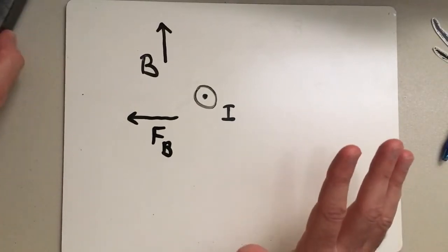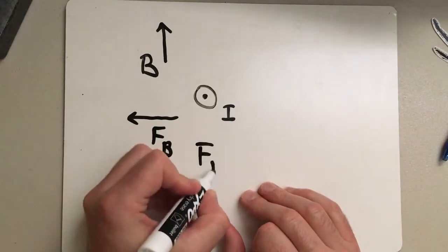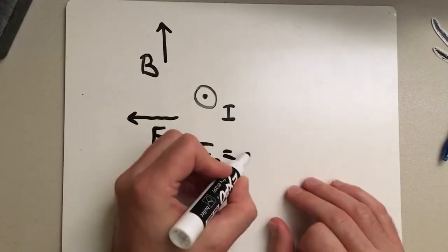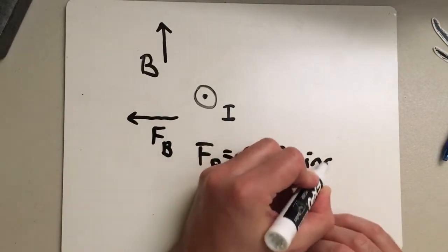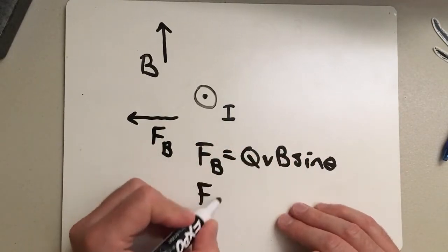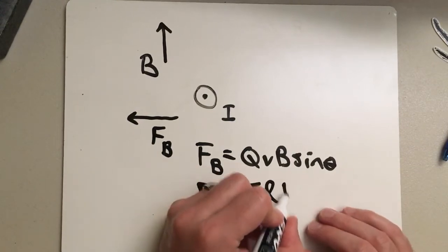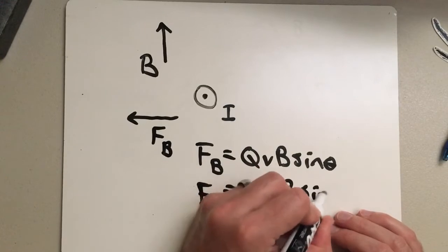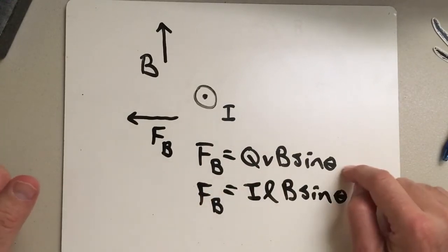Couple things I need to point out in the formula. It doesn't matter if you're doing it for the charge or for a current. In both cases, we've got the sine of theta.